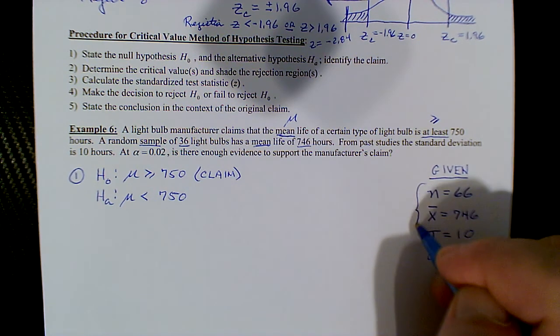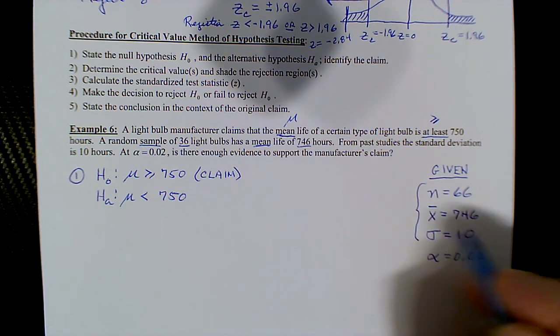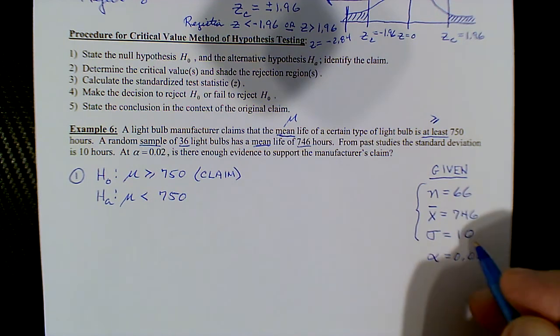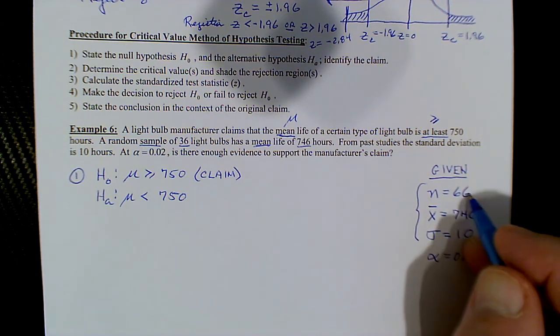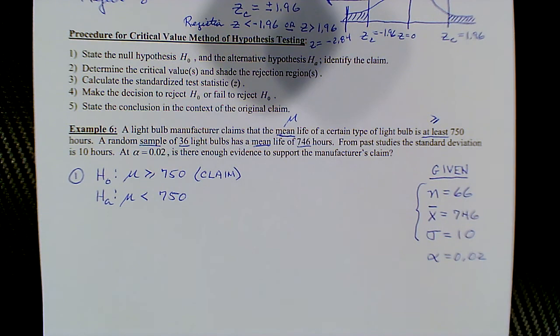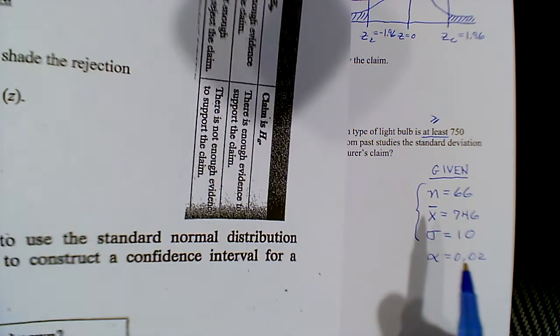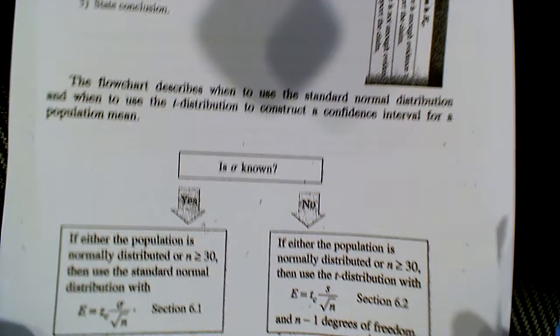And so therefore, if you use your flow chart, or if you use the characteristics that are described in the formula sheet, the flow chart's nice and easy to use because do we know sigma? Yes, we do.